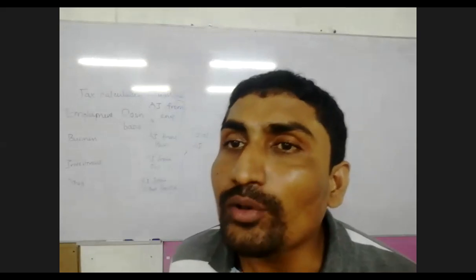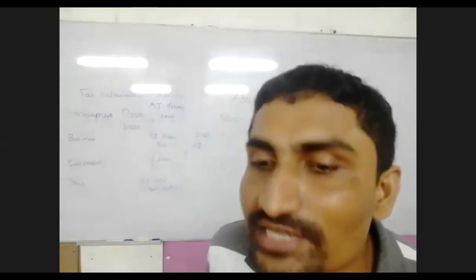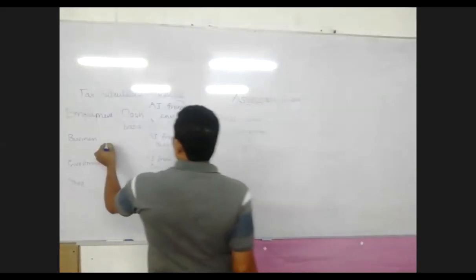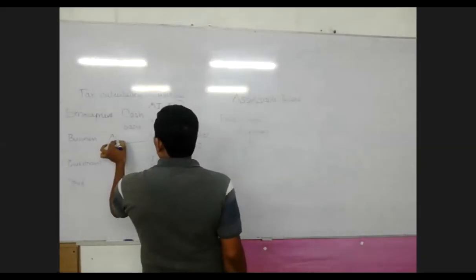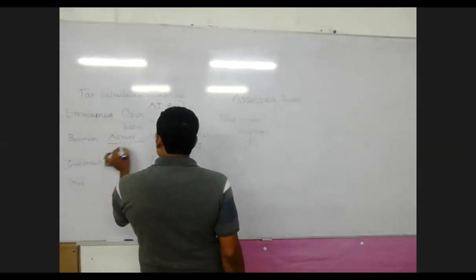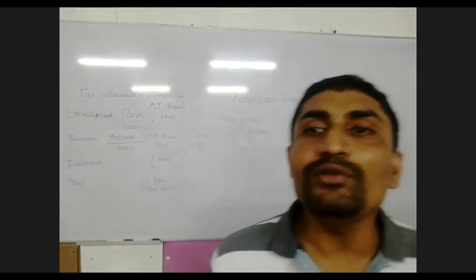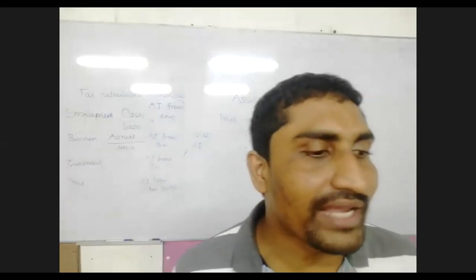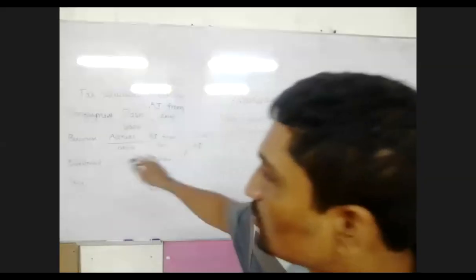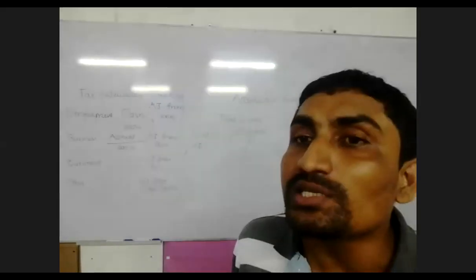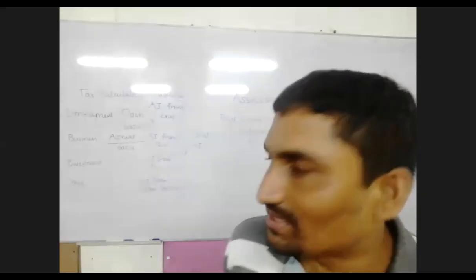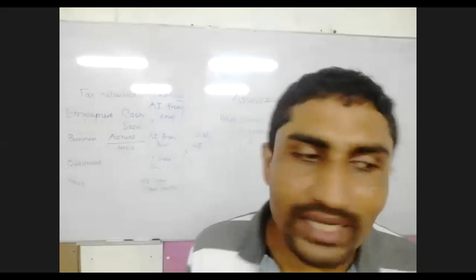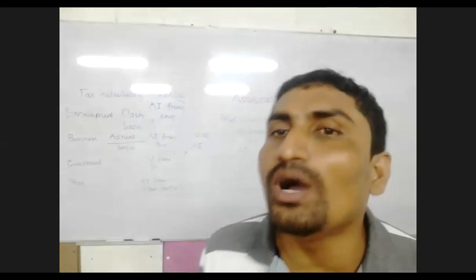When you are calculating the assessable income from business, you have to use the accrual basis. I'm sure you know the difference between the cash basis and accrual basis. So when you are calculating the AI from business, you have to consider the accrual basis. Next, when you are calculating the AI from investment, you have to consider the cash basis.